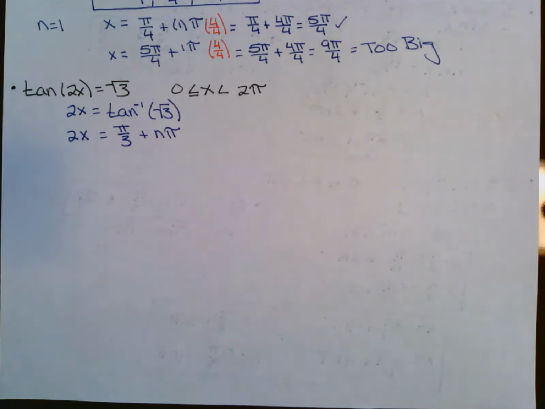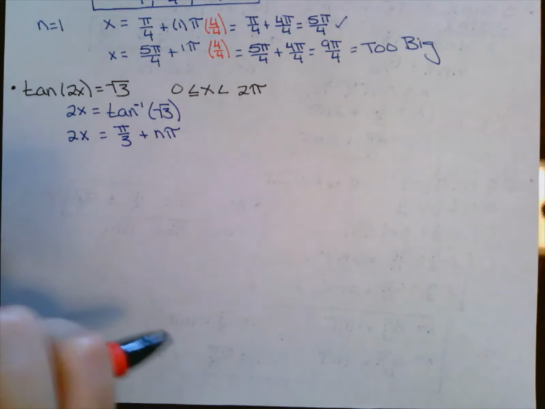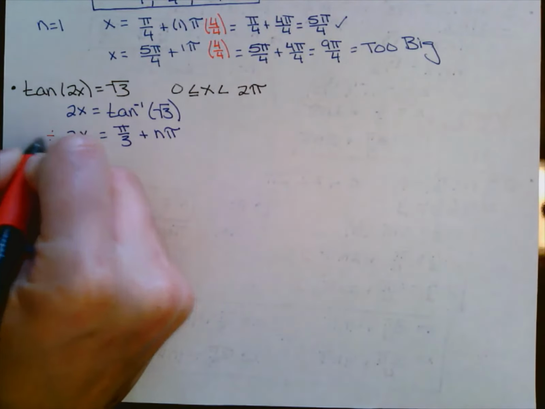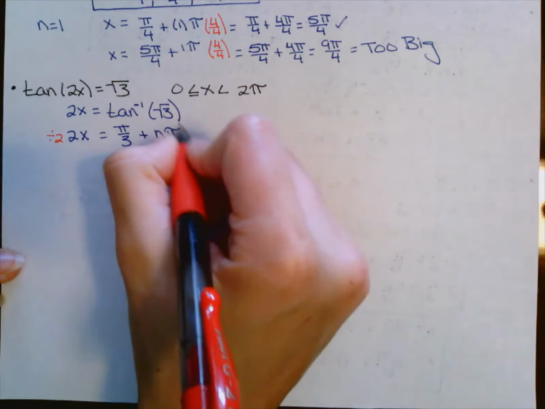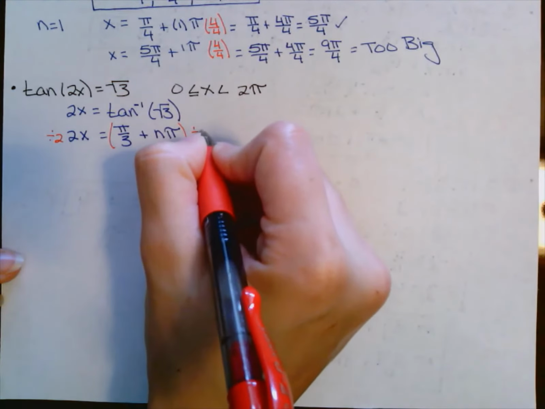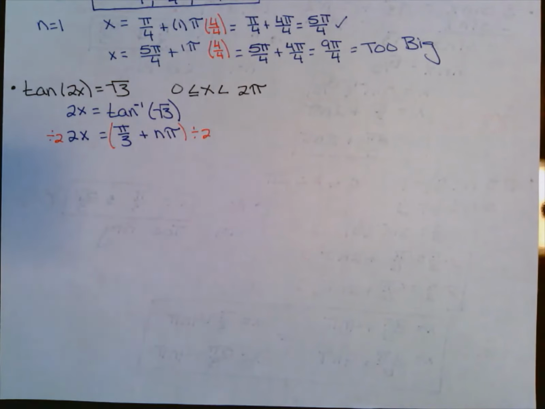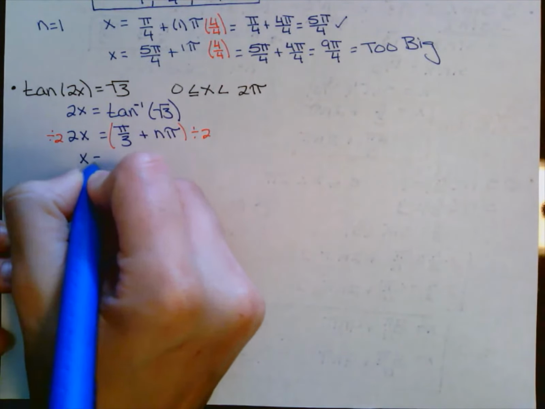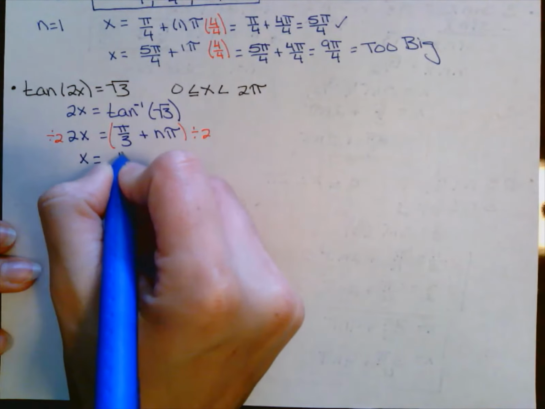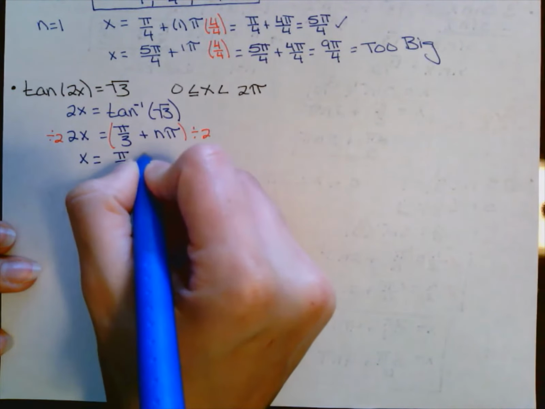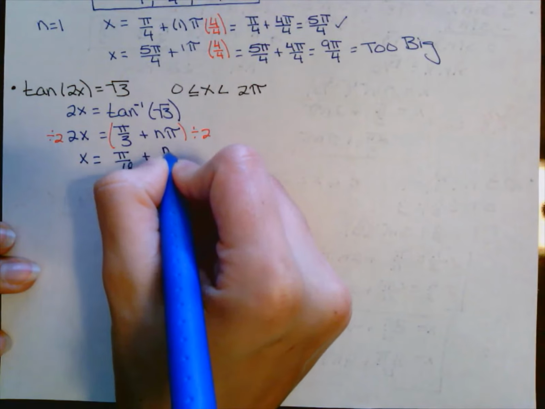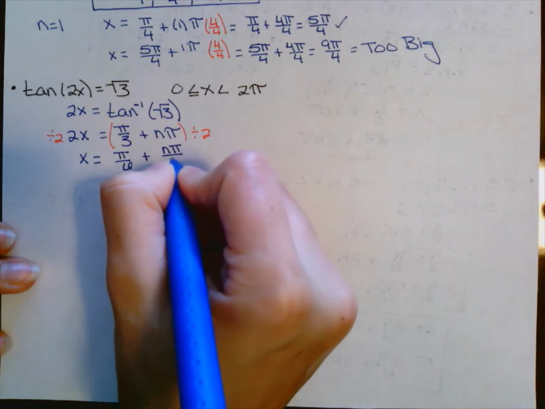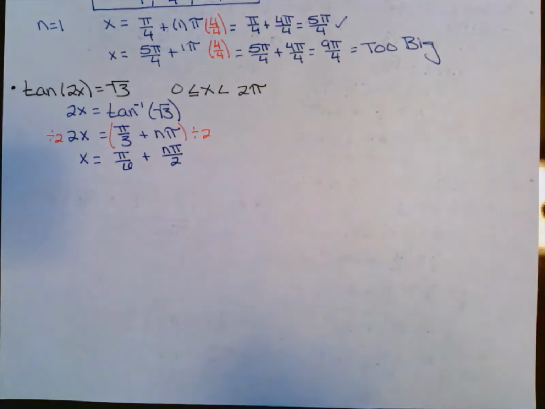Now I can move on to isolating the x, which, if I'm multiplying by a 2, I'm going to divide by 2 on this side and divide by 2 on this side, which is the same thing as multiplying by 1/2. So x equals, if I multiply here by half, I end up with pi over 6 plus n pi over 2. Okay?